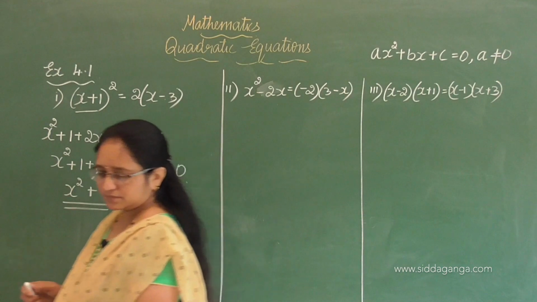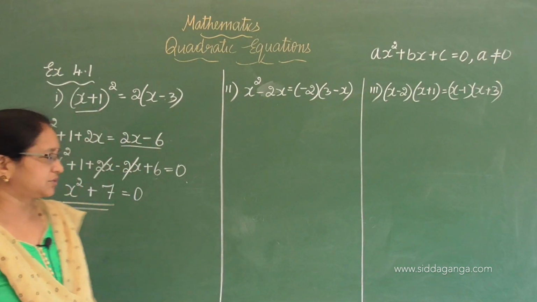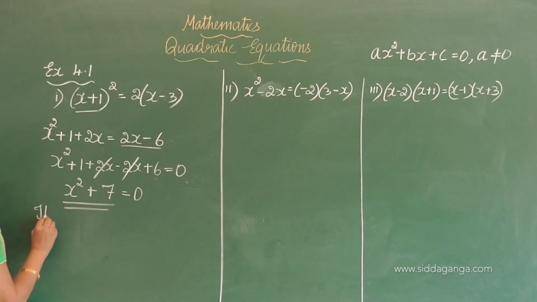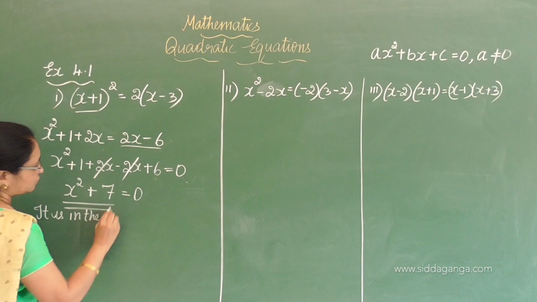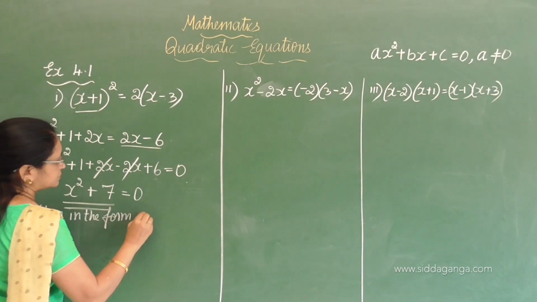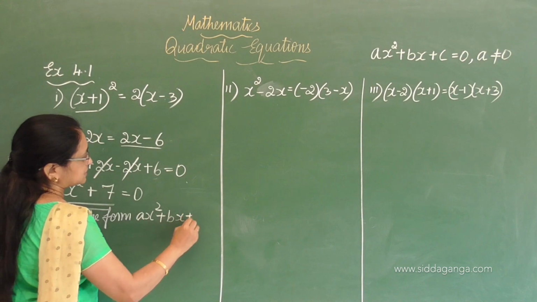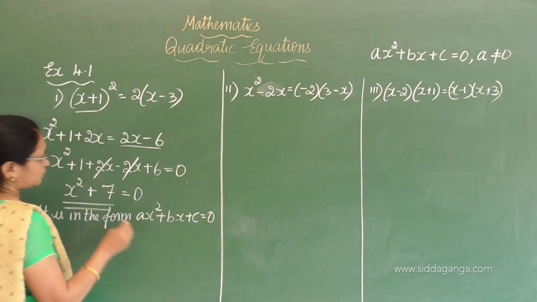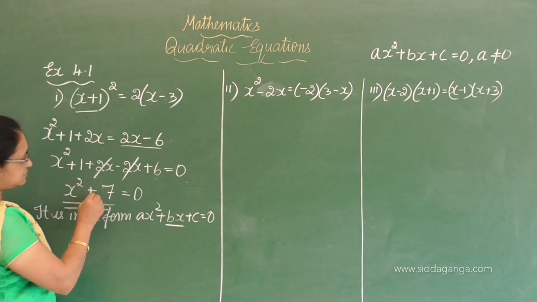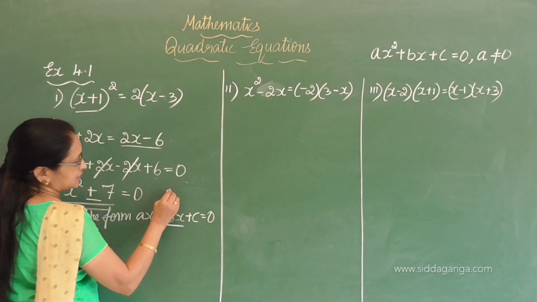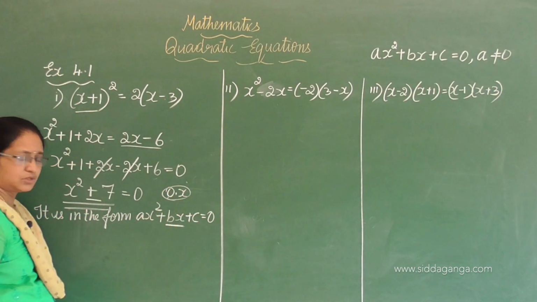So you can write, see in the example also they have given, it is in the form ax square plus bx plus c is equal to 0. Now you know, though here bx is not there, the x term is not there, but we can write it as 0 into x. So this will become 0, you all know.